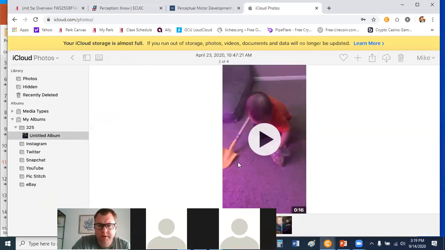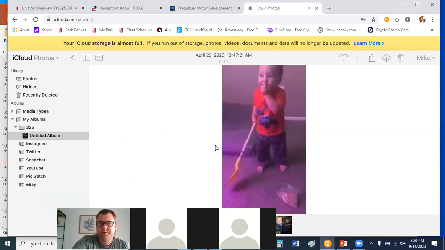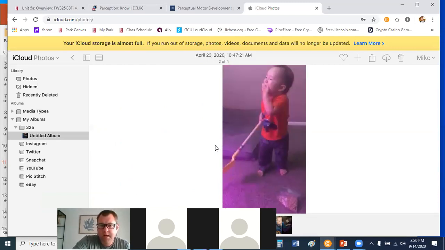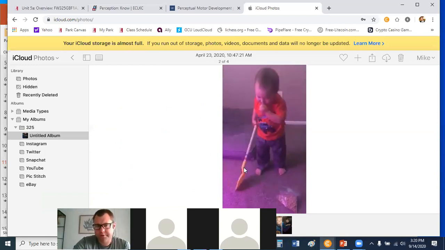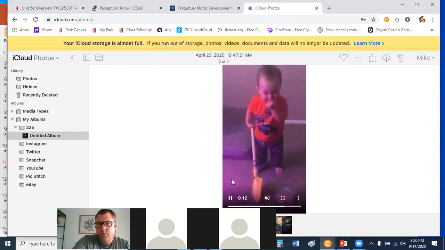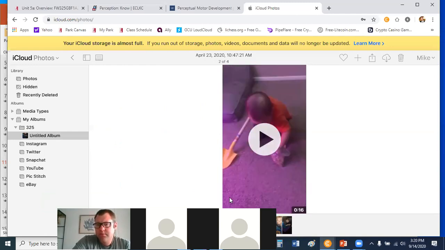So this one with Mason I've shown you before. And again, you notice how he has the gross motor skill there, where he is just grabbing a handful of Cheerios, shoving them in his mouth. Why do you think he's not able to pick up an individual Cheerio here?